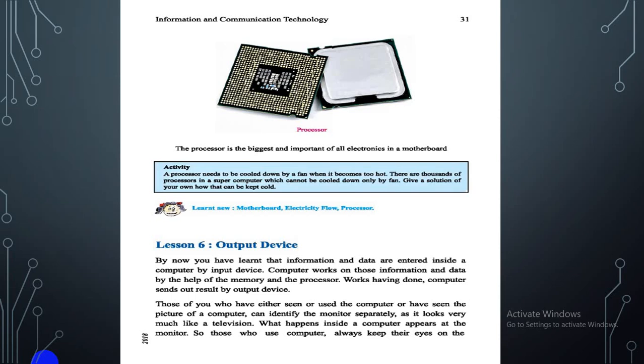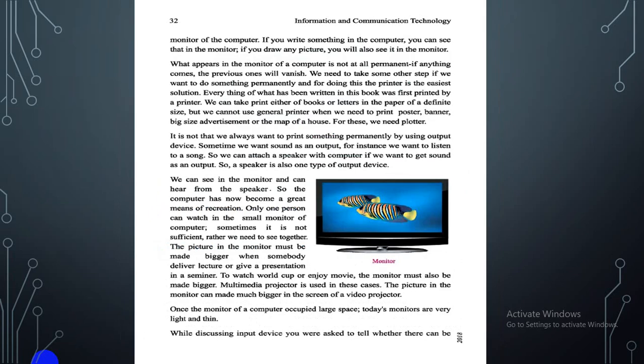What happens inside a computer appears at the monitor. So those who use a computer always keep their eyes on the monitor. If you write something in the computer, you can see it in the monitor. If you write on the keyboard, that means if you input any words, they will be shown by the monitor.